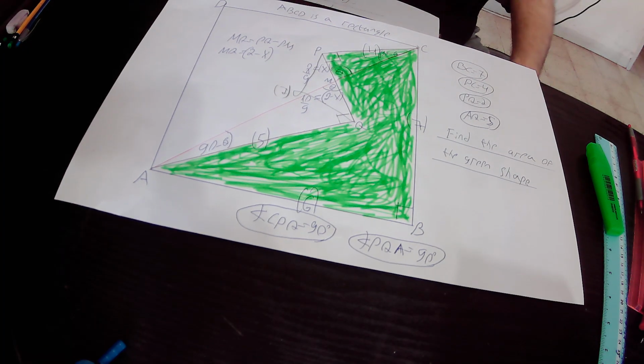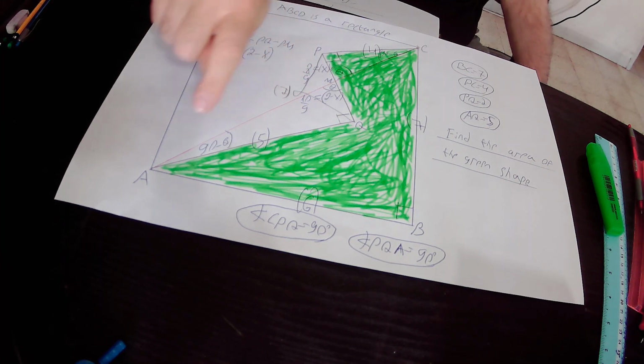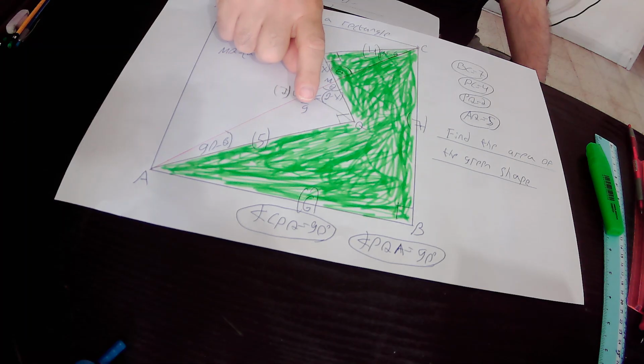The area of the green shape equals the area of the big right triangle ABC. But because the area of the big right triangle ABC also includes the area of the white right triangle AMQ, and we are interested only in the green area, we have to subtract the area of this right triangle AMQ from the area of triangle ABC.